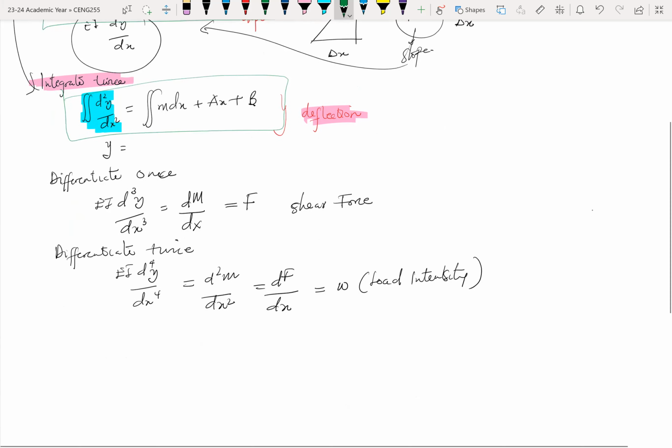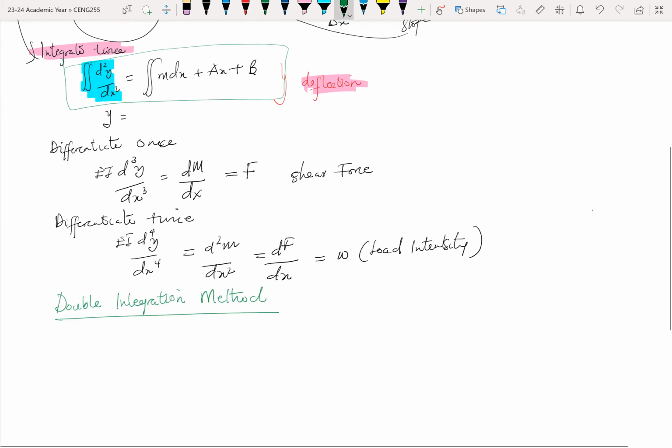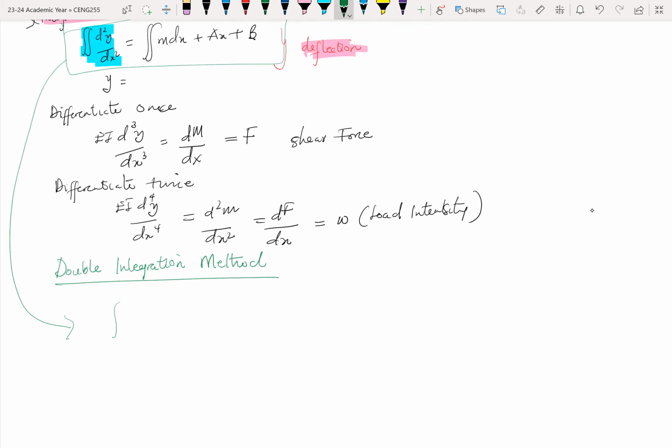So the steps in solving: based on the Bernoulli equations, we have what we call the double integration method, and that would be this right here.